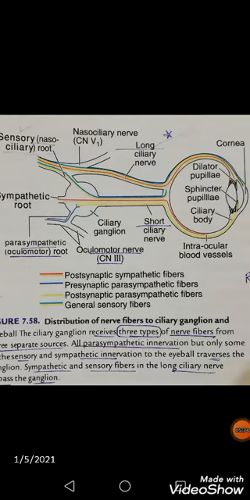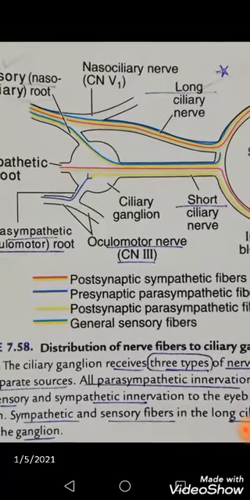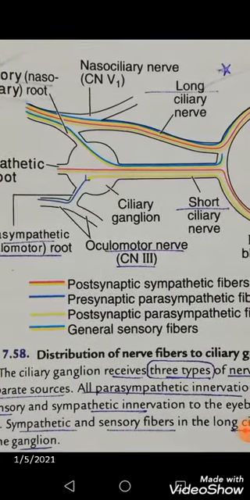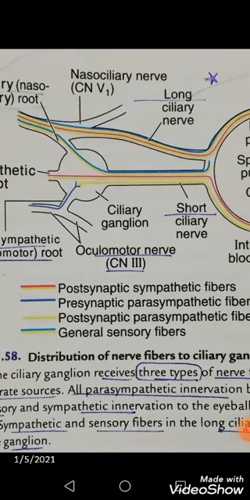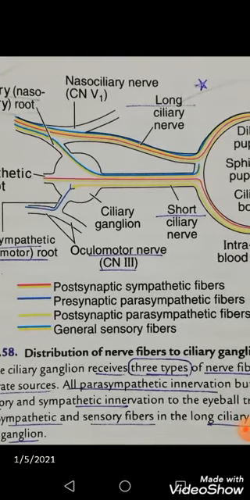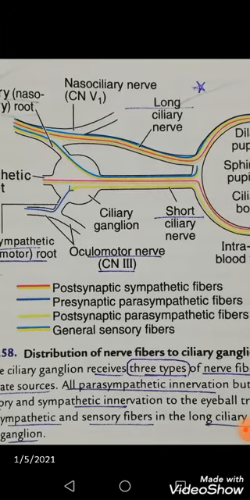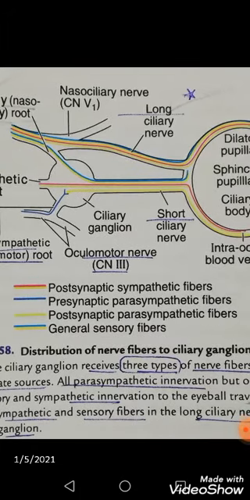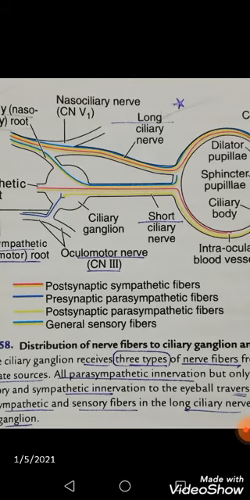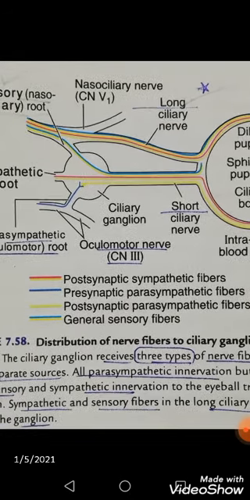Now just a revision in this schematic representation of the ciliary ganglion along with your eyeball and the three nerve roots: the motor, the sensory and the sympathetic. First concentrate on the oculomotor nerve that carries the presynaptic parasympathetic fibers, continuing as you can see the yellow line, the postsynaptic parasympathetic fibers reaching to the eyeball.